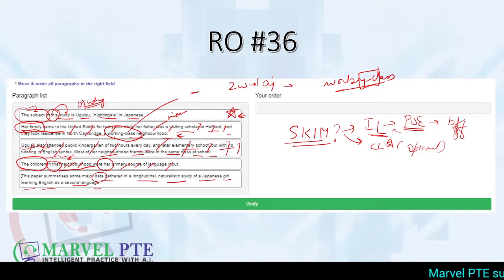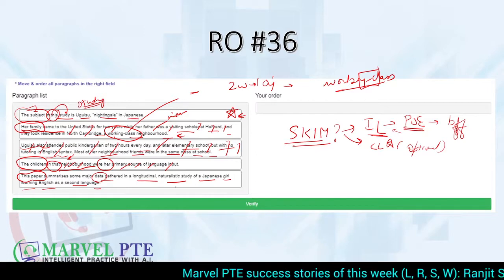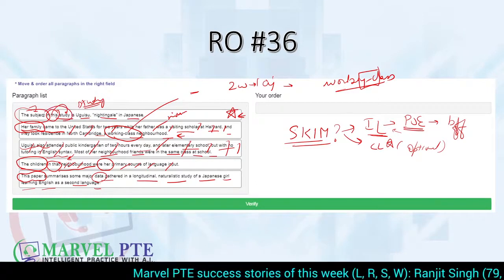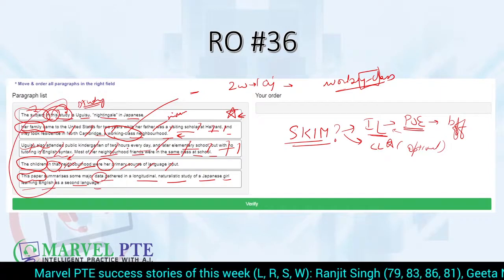Okay, now look here, this paper, right? Now you may think sir, this also cannot be an independent line, but here this paper summarizes is more or less like an independent line. Why? Because the subject in this study, meaning the paper, is connected to this.